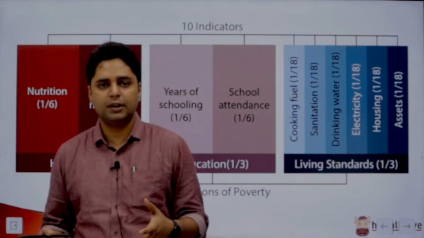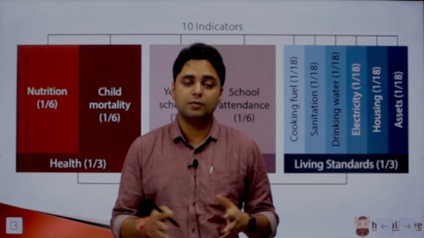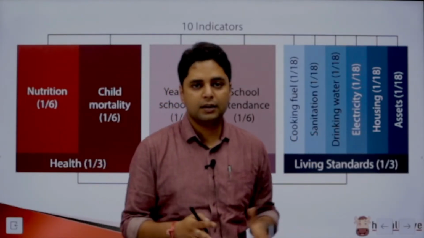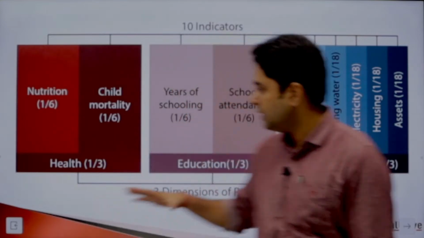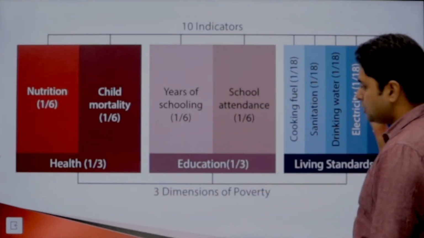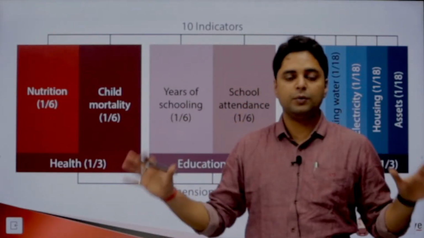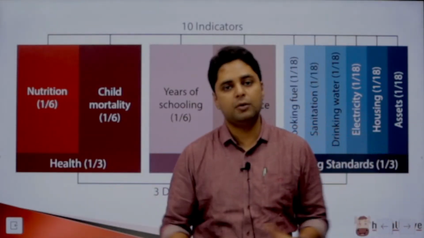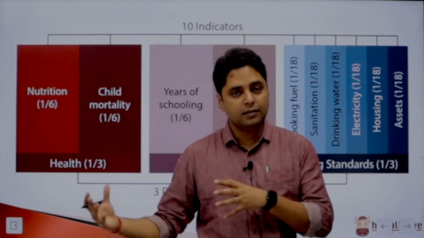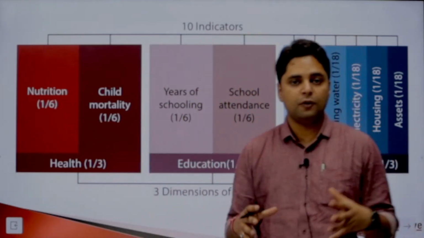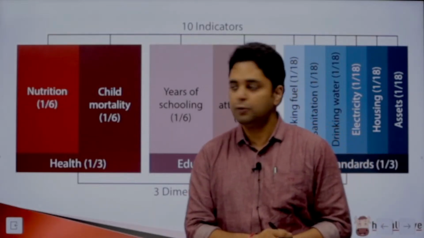Now this is a bit subjective, what assets are being considered and what not, but still we are counting the basic assets and not luxury assets over here. So 1/3 weightage है इन सब चीज़ों की, 1/3 education की और 1/3 health की. This is what we call multidimensional poverty index. अगर इन तीनों क्राइटेरिया में और इनके सब क्राइटेरिया में अच्छा परफॉर्म हो रहा है, only then the score improves.